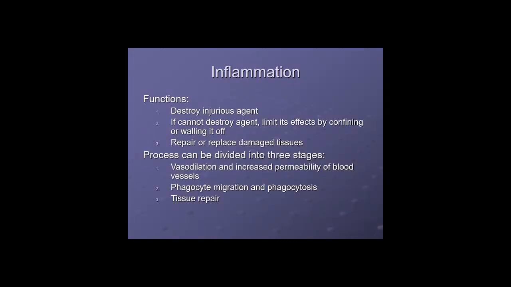All right, so why do we make an inflammatory response? Well, we want to do 3 basic things with our inflammatory response. Whatever's causing the problem, get rid of it. That's the first thing we want to do. If it's a microbe, kill it.